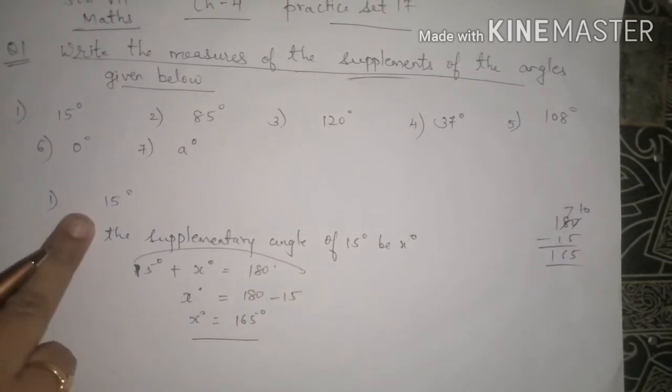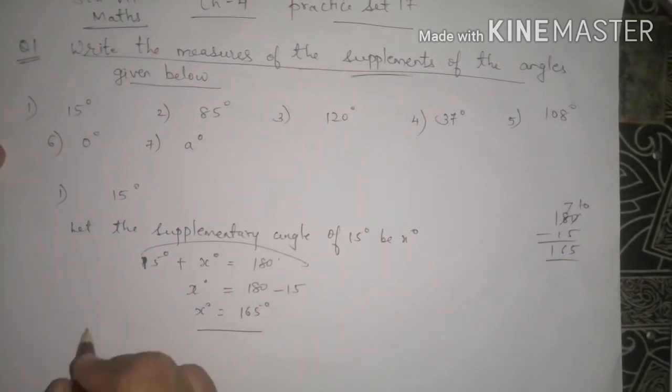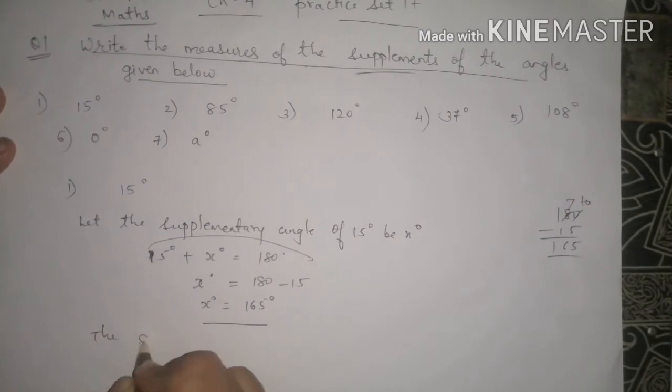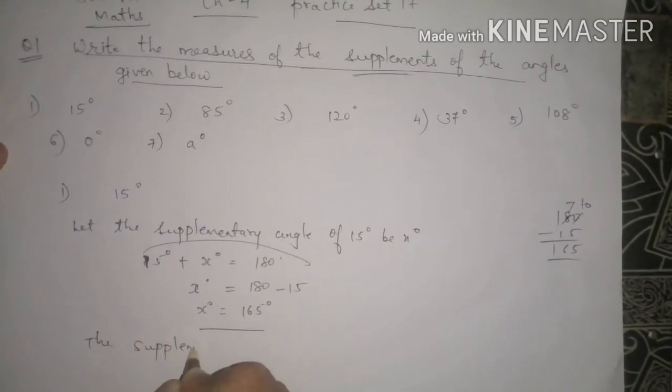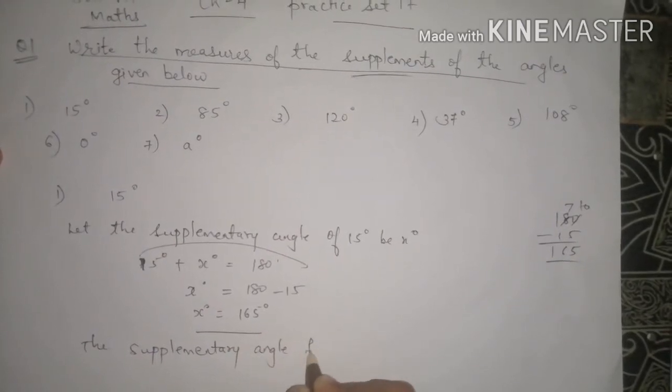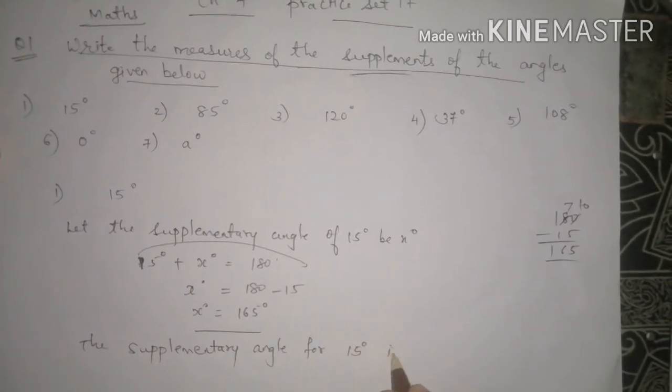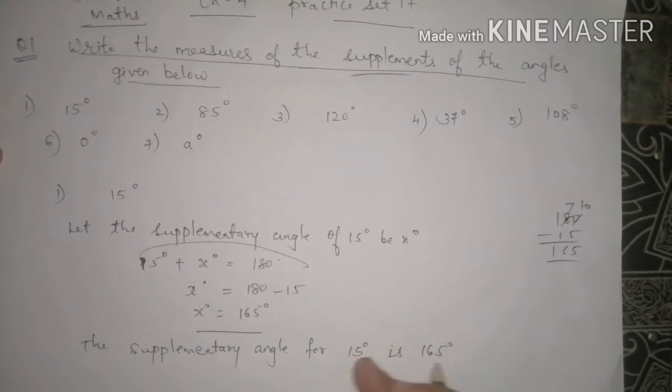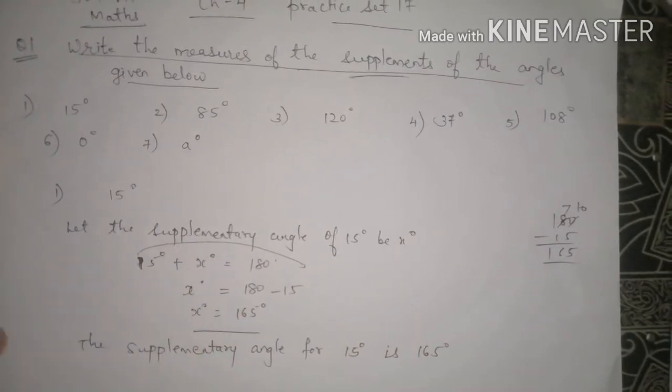So what is the supplementary angle for 15 degrees? It is 165 degrees. If you add this, you will get 180 degrees.